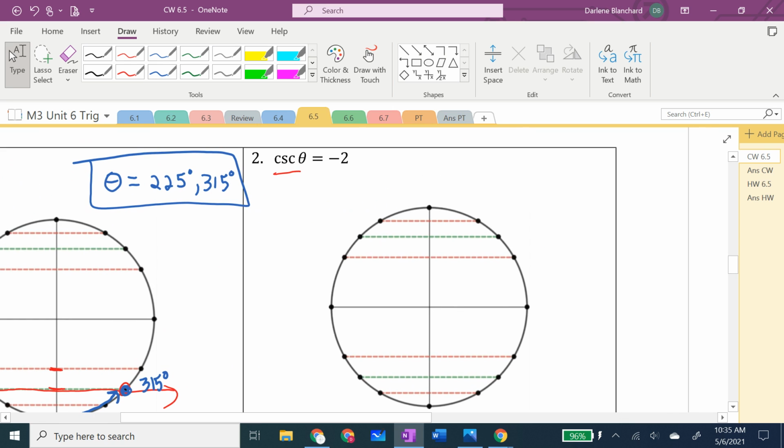Now, cosecant is the reciprocal of sine. So this is really saying 1 divided by sine theta is equal to negative 2. What does that mean sine theta is equal to?